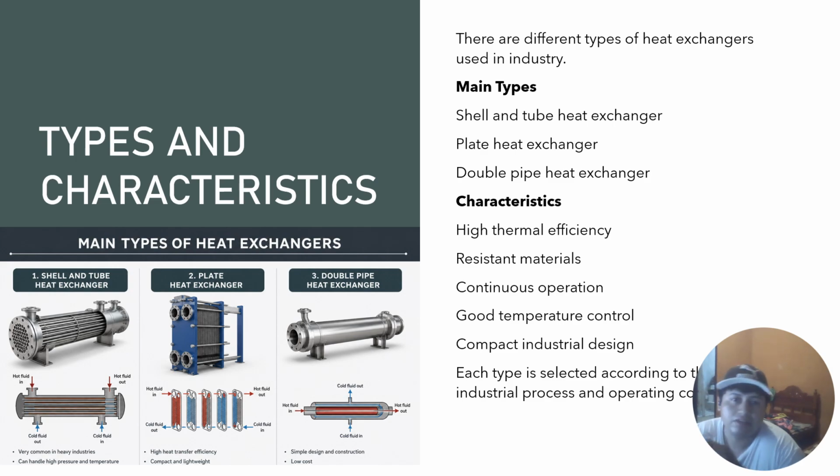They have good temperature control and a compact industrial design. Each type is selected according to the industrial process and operation control. This means that depending on what we're going to use it for, it depends what kind of heat exchanger we're going to use, or basically which one is better for us.